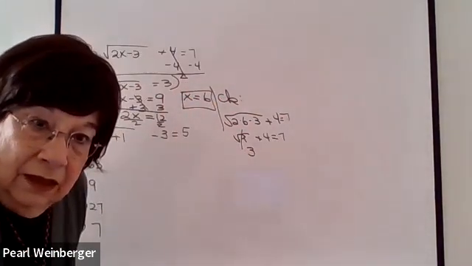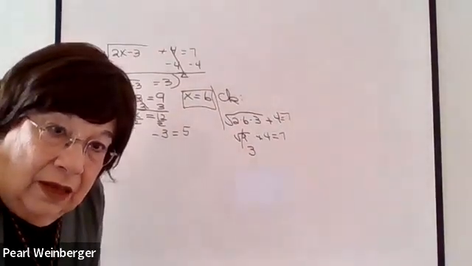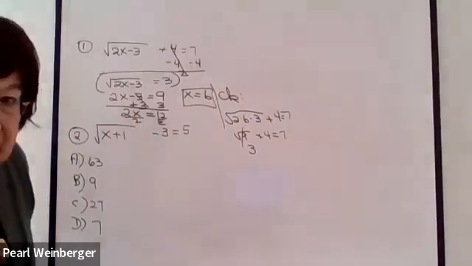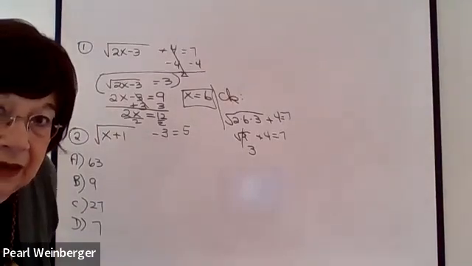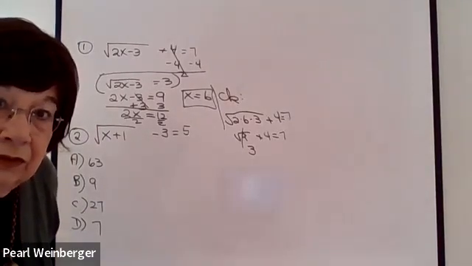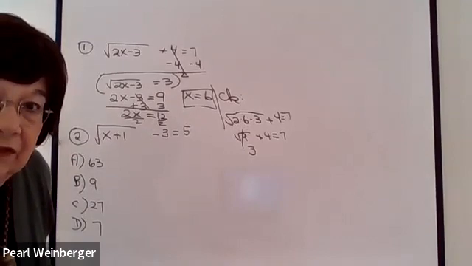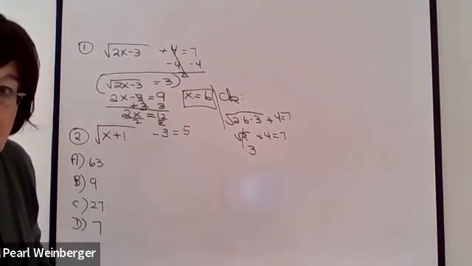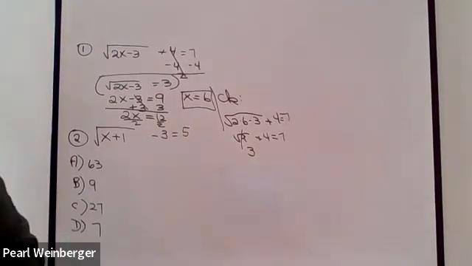Okay. And let's see, I see Isis gave me an answer to the second one as well. So let's see if that one works. Let's work on the second one.